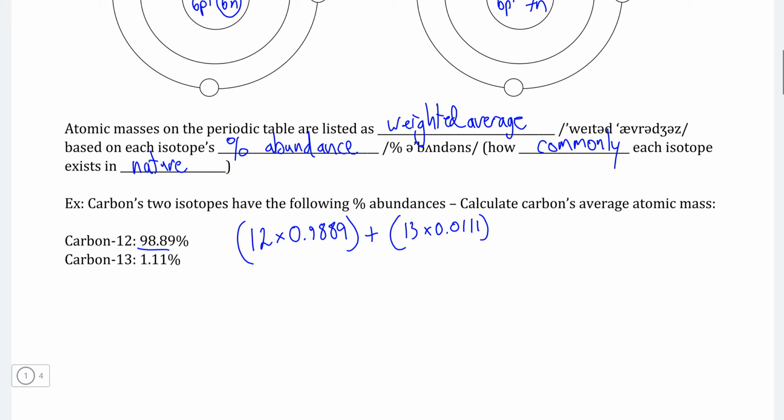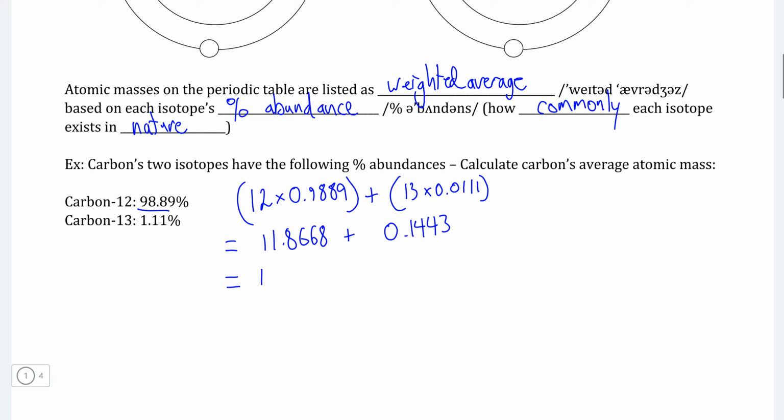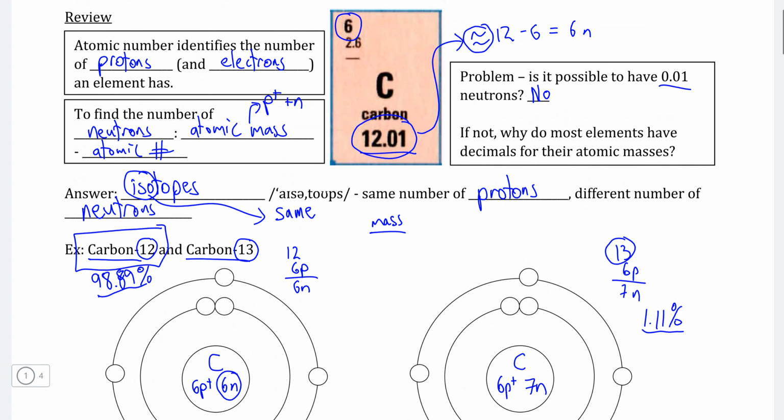and if we add these two numbers together, the weighted average atomic mass of carbon comes out to be 12.0111, and if we round this to 2 decimal places, this number comes to approximately 12.01, which you'll find is the average atomic mass that is listed for carbon on the periodic table.